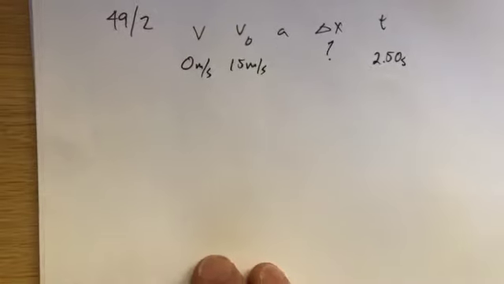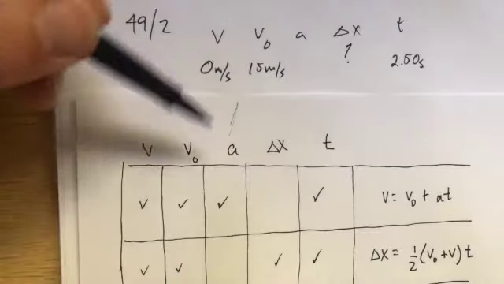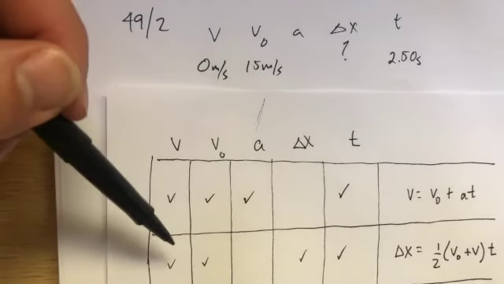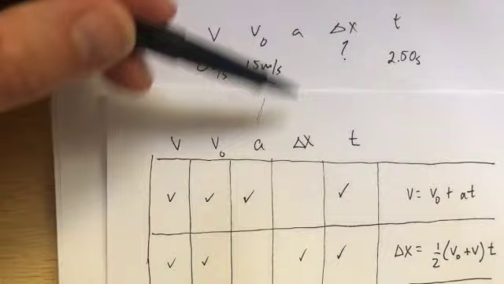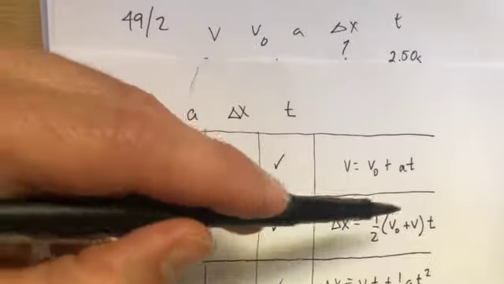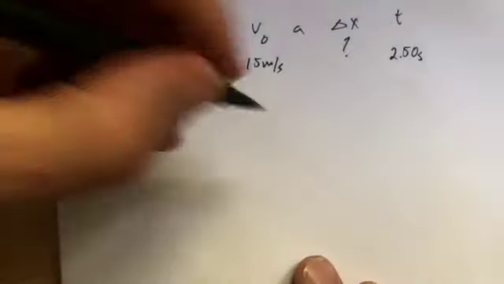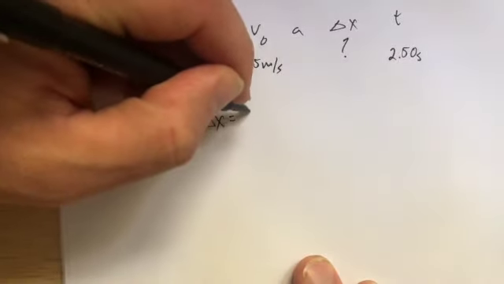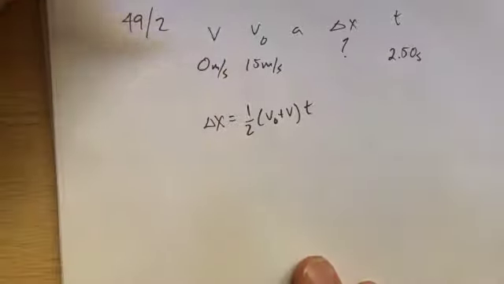So now, I want to look at my chart here, and I go, okay, I've got V naught, nothing for A, so here's an empty space for A. Delta X and T are both spoken for. So this is the correct equation for me to use, equation number 2. Delta X equals 1/2 times V naught plus V times T, all right?